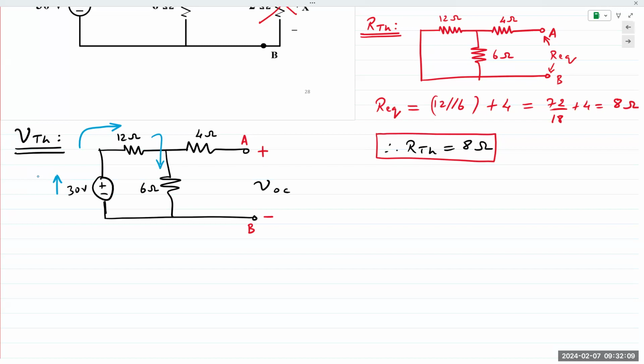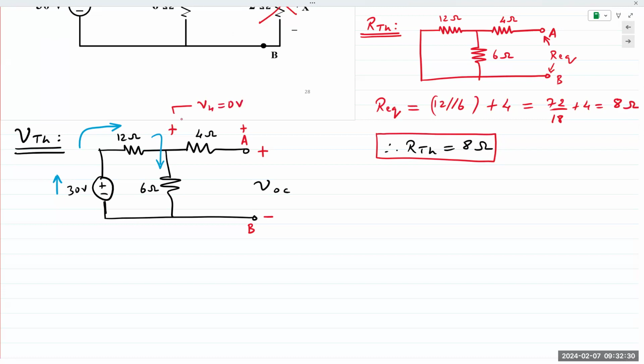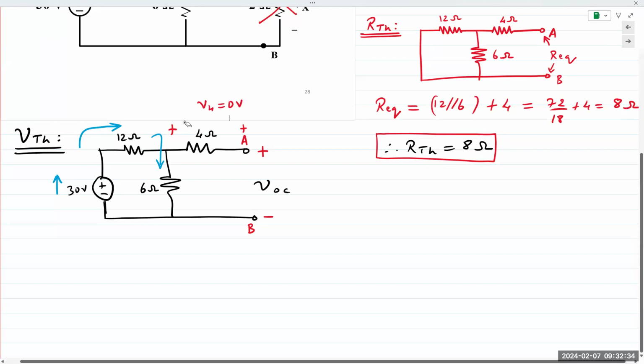So the concept here is, if you have a component like a resistor that is not connected at one end, it's left hanging in the air, then the voltage at either end of that resistor is exactly the same. V4 is 0 volts. The voltage measured across that 4 ohm resistor is 0 volts.